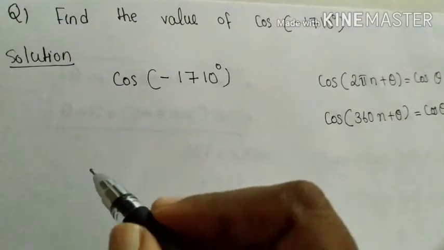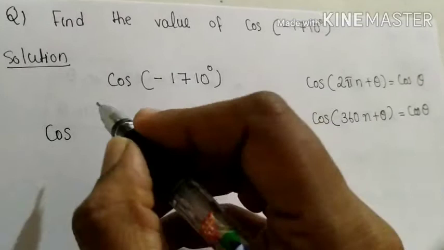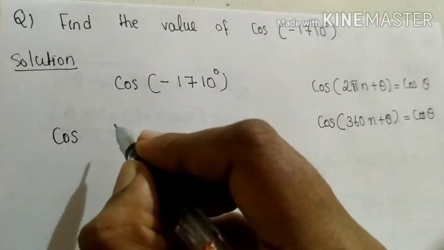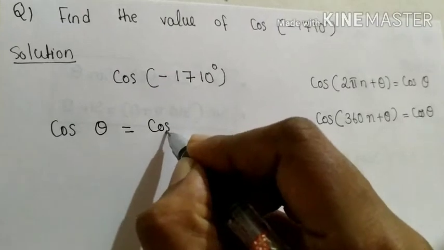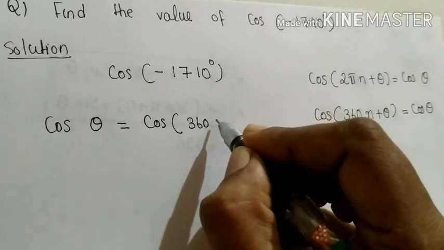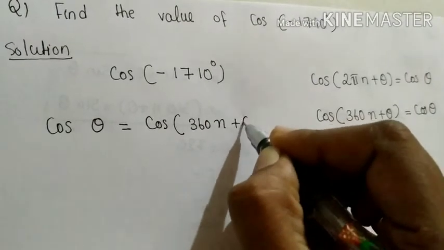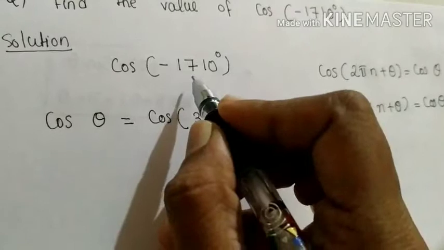So next I am going to convert this into this form. We know that cos theta is equivalent to cos of 360 n plus theta, right? So here theta is this.